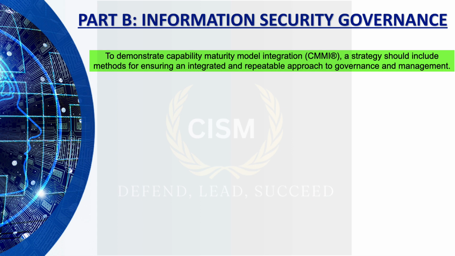Right? So, this entails establishing methods to ensure consistency and efficiency. For instance, implementing standardized processes, continuous monitoring, and regular assessments contribute to a mature and integrated system that enhances organization capability over time. Right?